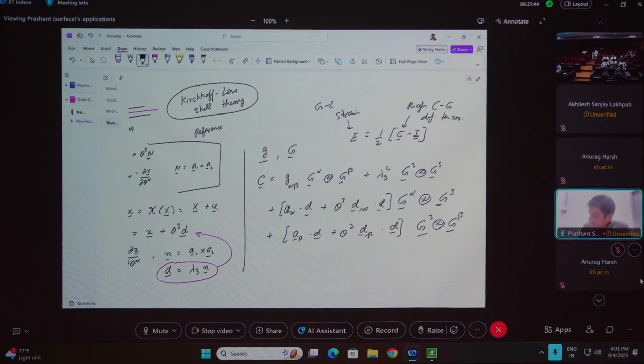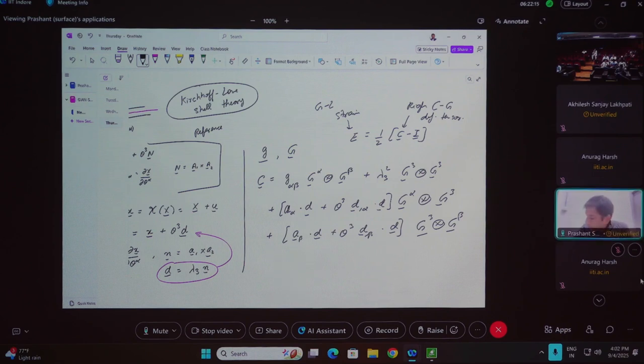So these are kind of like equivalent things. The idea is you don't need to worry about what this tensor is. The reason I'm writing this down is that when we apply the Kirchhoff-Love assumption, it tells you that the normals remain normal after deformation, and there is no shear strain that comes in.